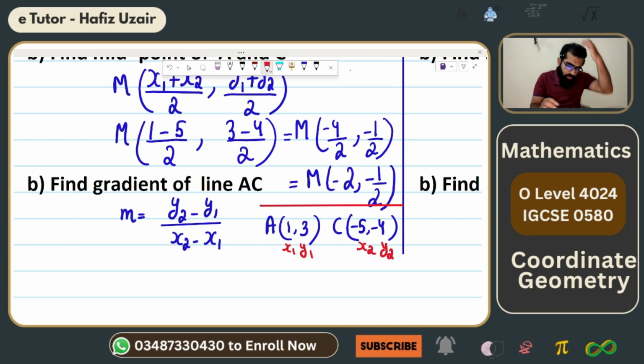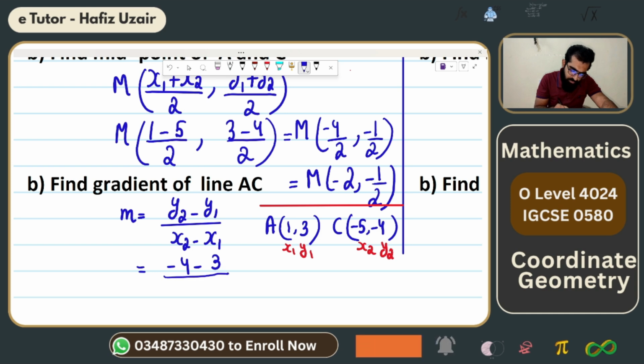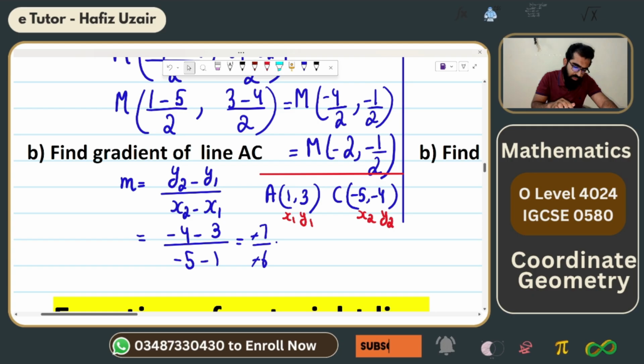Now plug in the values simply. The value of y2 is minus 4 and then minus sign from formula minus 3 over, what is the value of x2? It's minus 5 minus 1, so that will be minus 7 upon minus 6. After simplifying you will get the answer for gradient, that is 7 by 6.